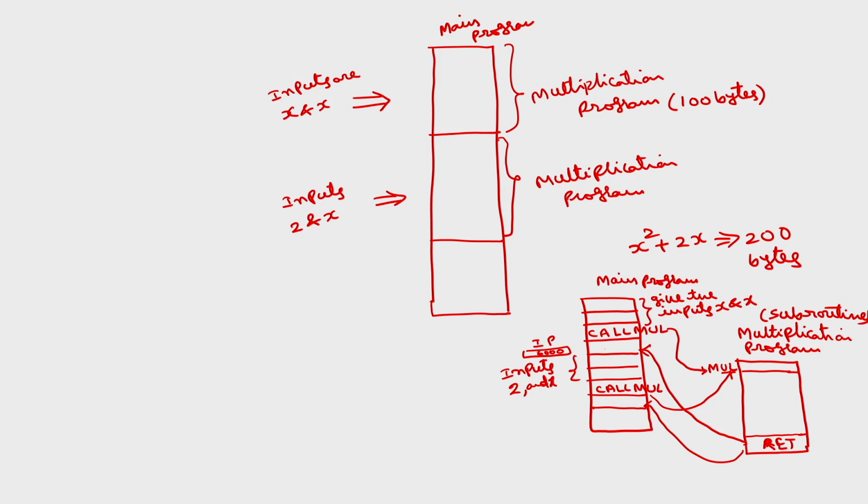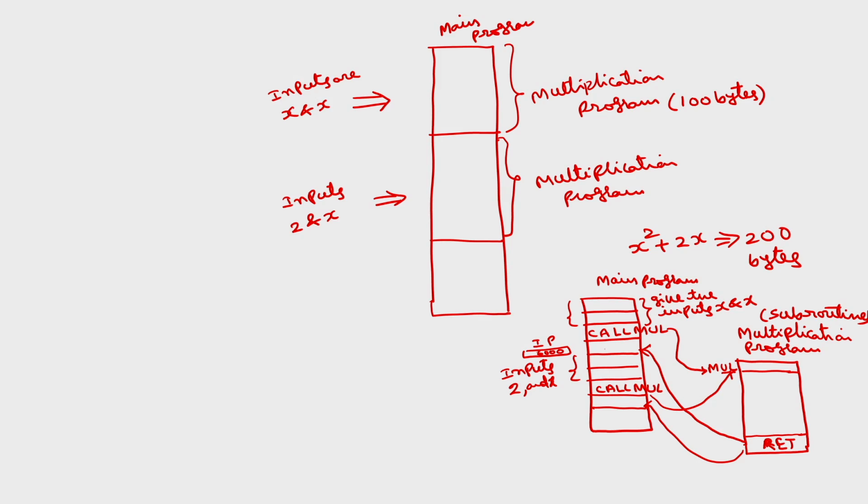In addition, not only the contents of the instruction pointer have to be saved. We know that in the 8086 we have the registers AX, BX, CX, DX. If I use them for some purpose, and the multiplication program, which is the subroutine, also uses the same registers for some other purpose, the old contents of these registers will be lost.